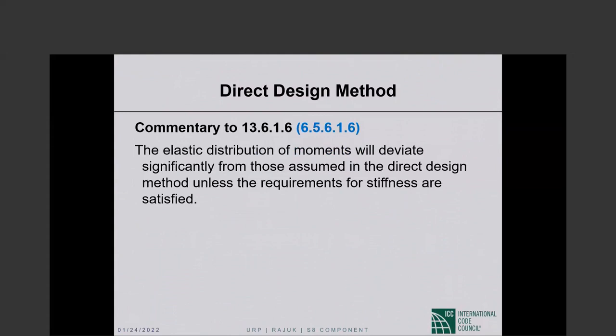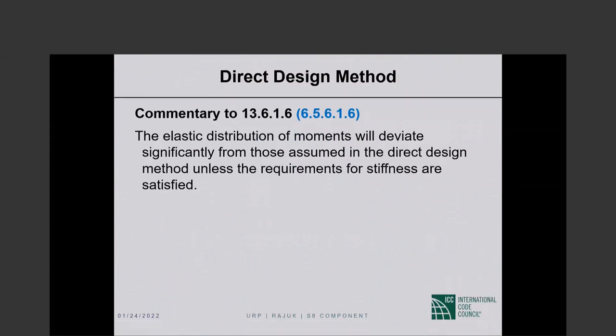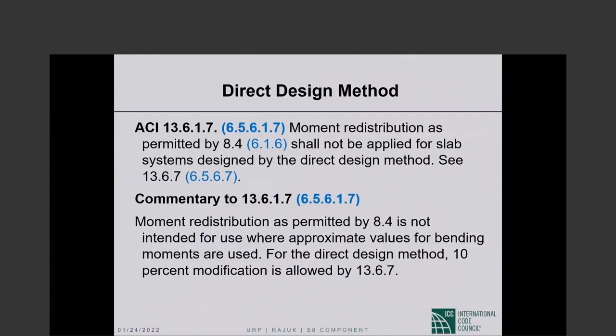The elastic distribution of moments will deviate significantly from those assumed in the direct design method unless the requirements of stiffness are satisfied. So we are saying that particularly the last set of limitations is quite important for accuracy of results.